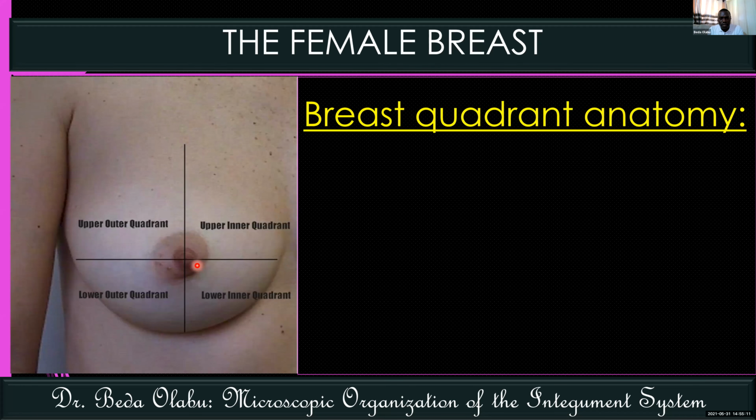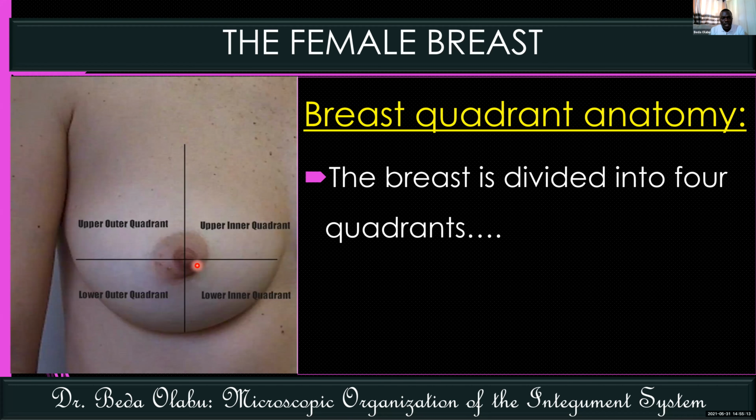We can divide the breast into quadrants. By using one vertical line and one horizontal line through the nipple, we have the upper outer quadrant, upper inner quadrant, lower inner quadrant, and lower outer quadrant.